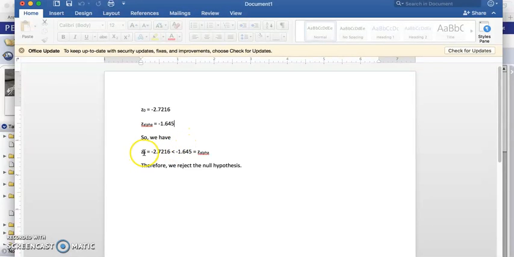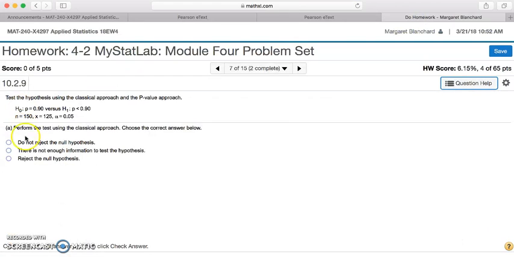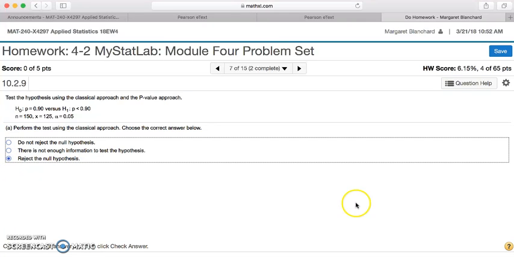So Z naught is less than negative 1.645, our Z alpha. Therefore, we reject the null hypothesis, and we would say there's sufficient evidence to support the alternative.